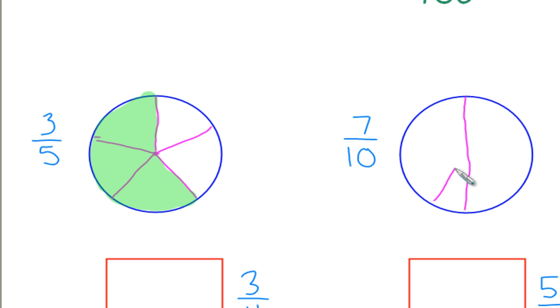If I go a line from here to here, now I have 2, I have 3, 4, 5 on each side. So for this one, I need to color in 7. 1, 2, 3, 4, 5 would be on this half. And then I need to color in 2 more.